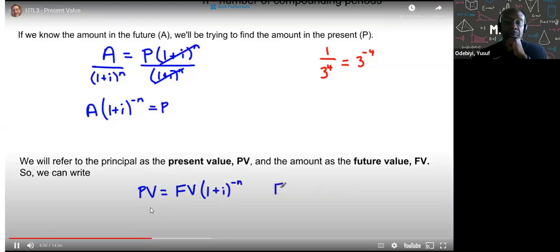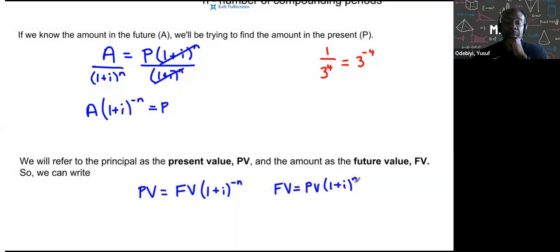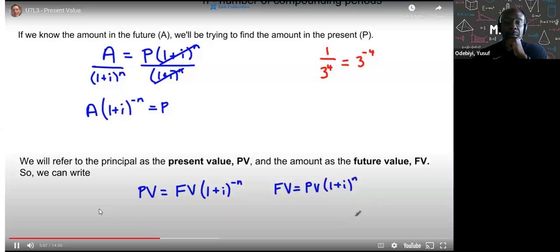And we could write that future value is equal to the present value times 1 plus I to the positive n. If you think about this, the future value is where you start, and then it can only grow, so the exponent is positive. But present value is you start at the end, and then it can only go down, which means the exponent has to be negative. Okay, so just remember that.